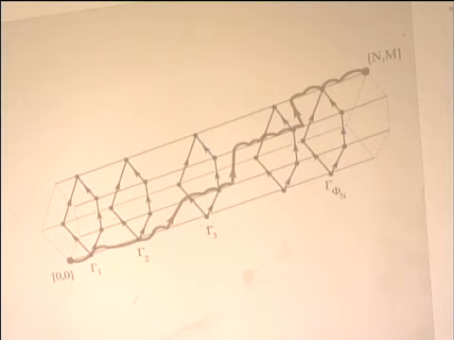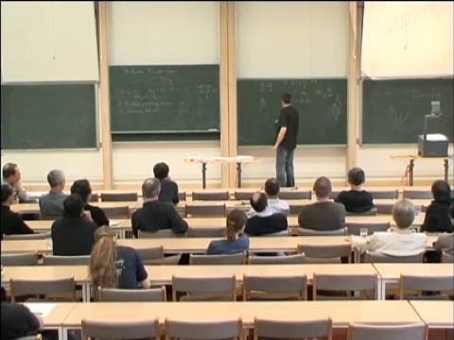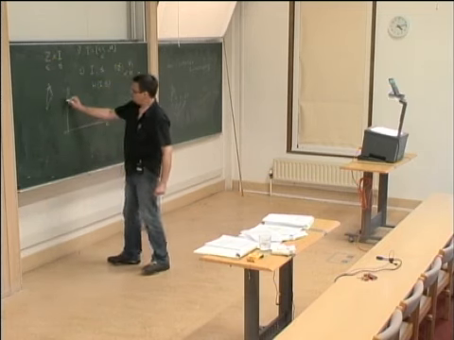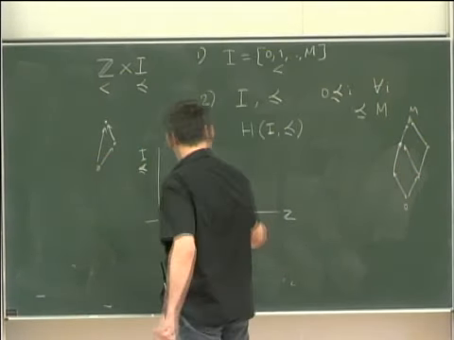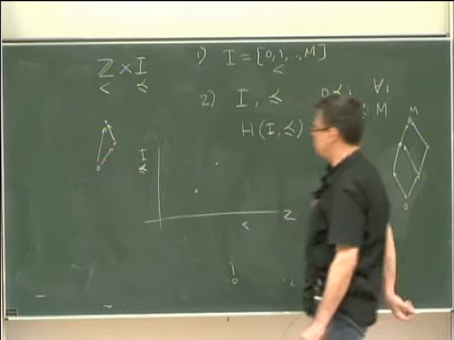Right, so what do we do here in this set? So this is I, this is Z, and we have a partial order like this here, and just a natural order, and then we put component-wise order here.